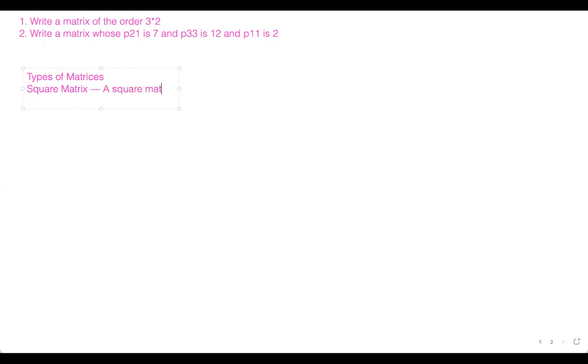A square matrix is a matrix which has the same number of rows as columns, right?